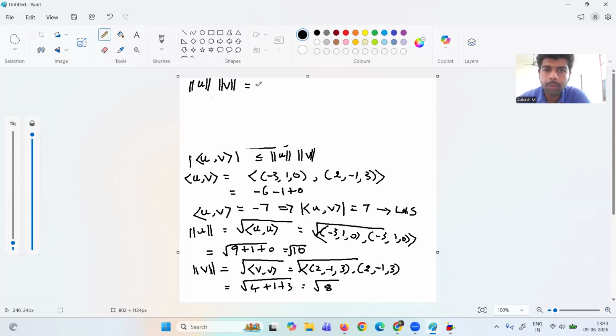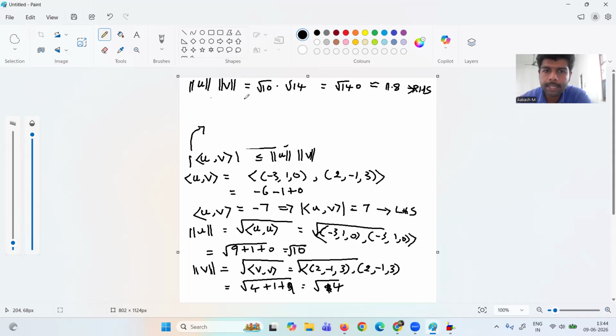You multiply both: root 10 and root 14. Simple mistake, the norm of v squared is 14, not 8. So you get root 140, which is approximately equal to 11.8. This is your RHS.